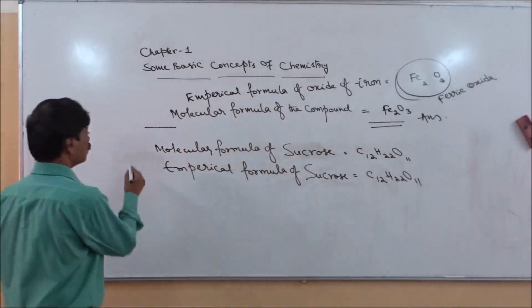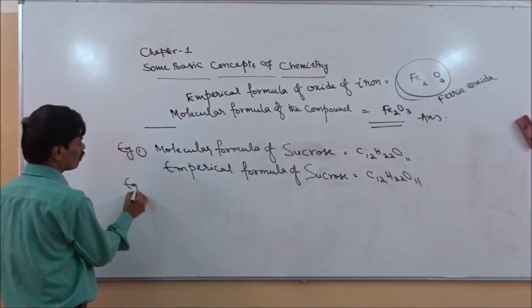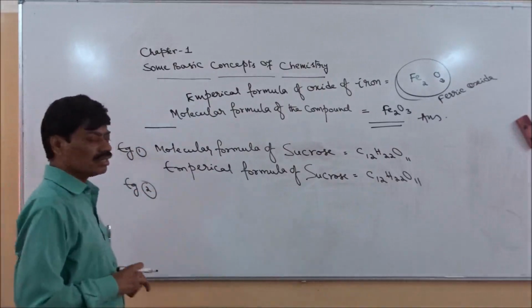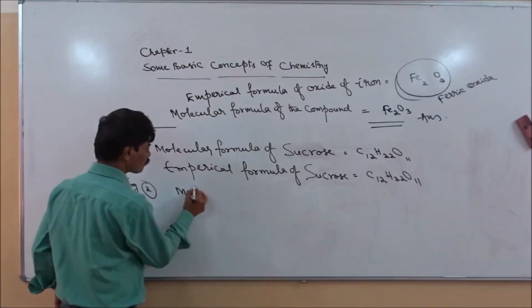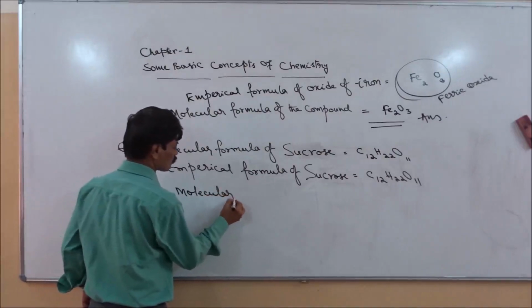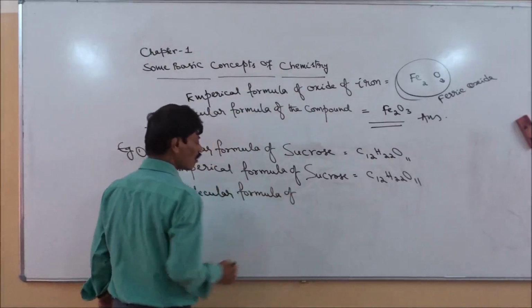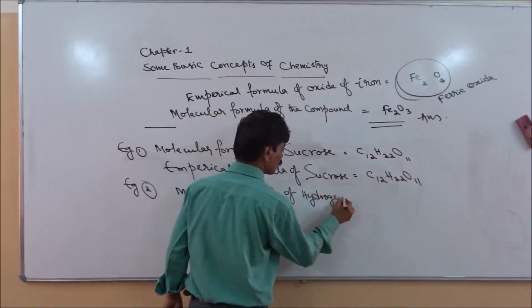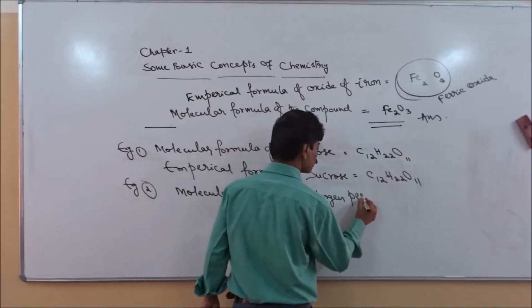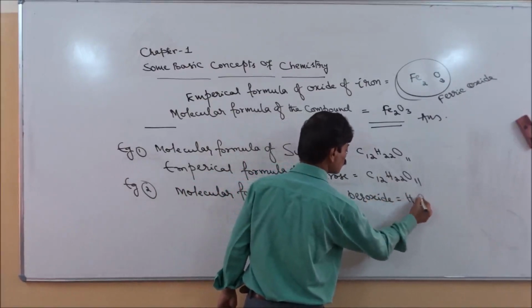This is example 1. Now let us see example 2. The molecular formula of hydrogen peroxide is H2O2.